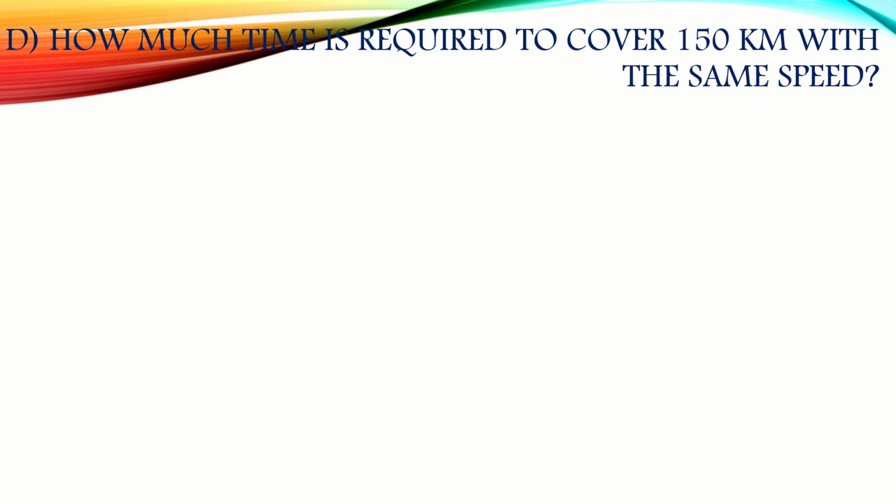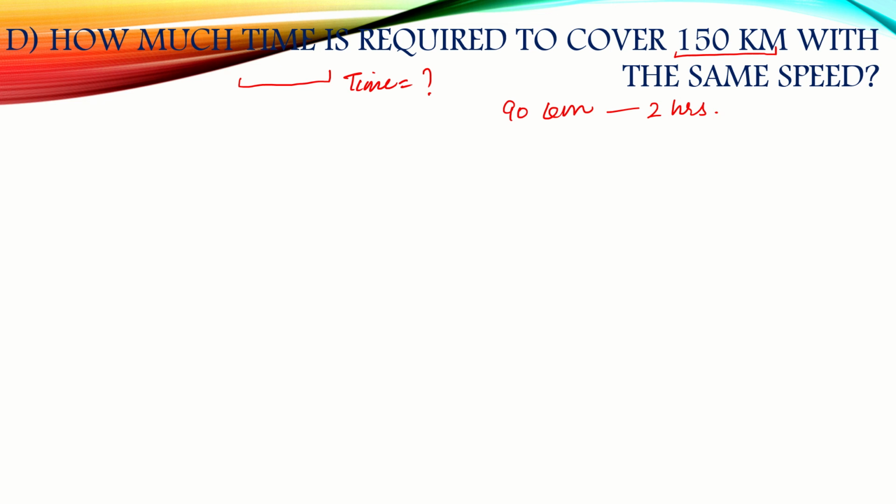Our next question is again, how much time is required to cover 150 kilometer with this same speed? I have the condition that the car is covering 90 kilometer in 2 hours. Now I have two methods to do this. I can do it with the proportional method.